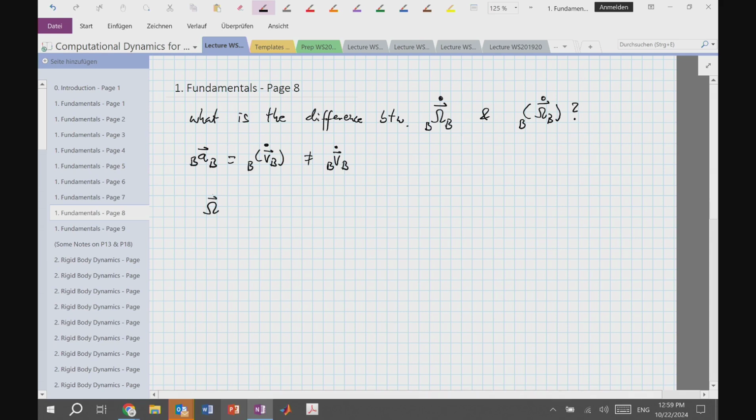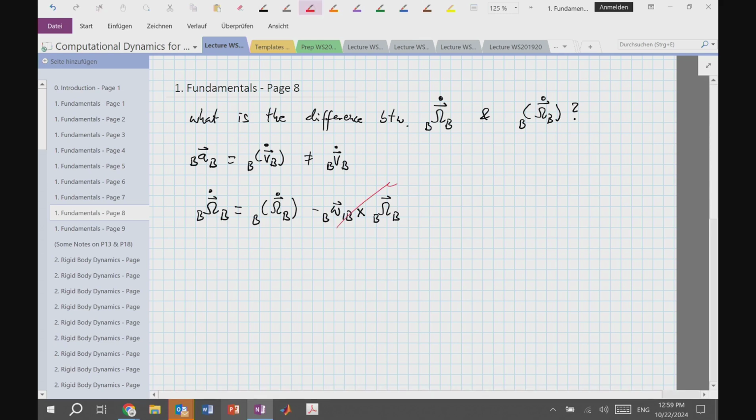But if I apply my transport theorem to the rotation of the body, I will get here omega B dot, so the angular acceleration expressed in B coordinates, minus omega IB expressed in B coordinates, cross product with the original vector, which was omega B in B coordinates. Just blindly applying the transport theorem, and then we see something here.